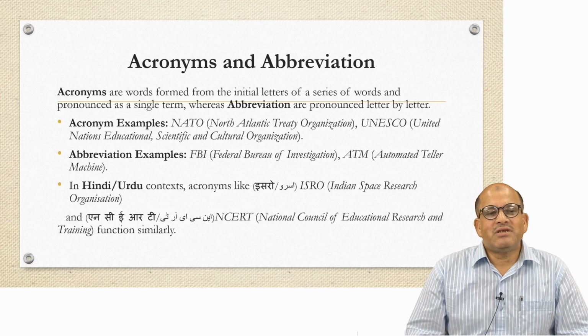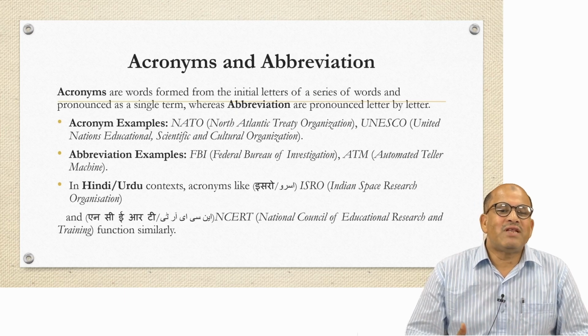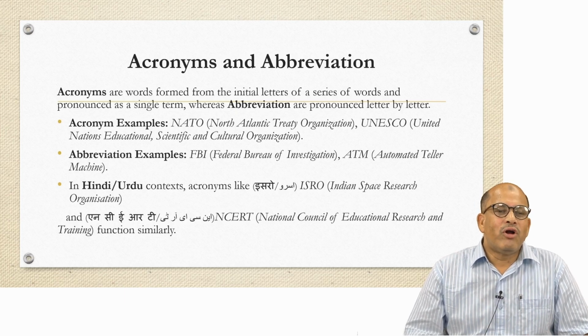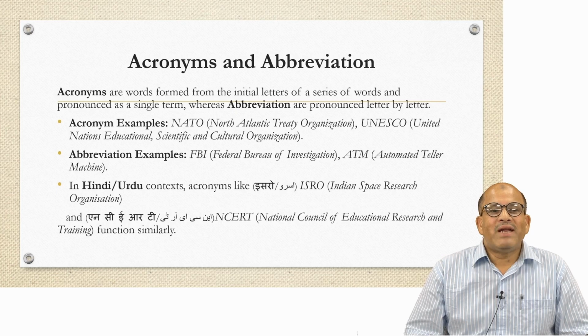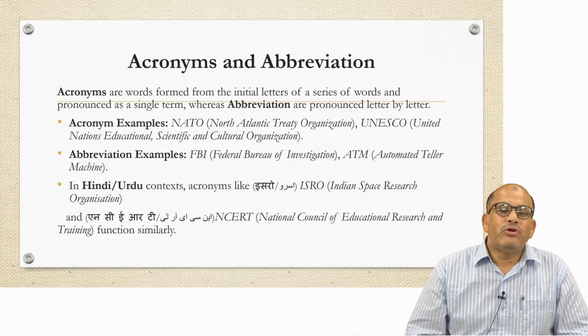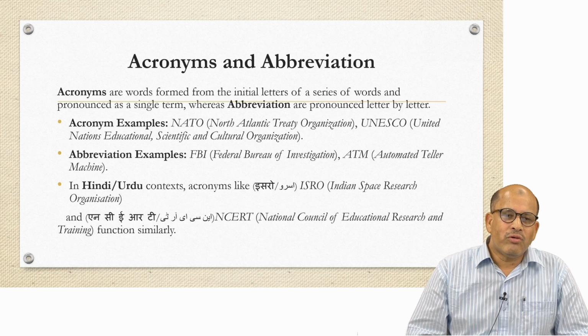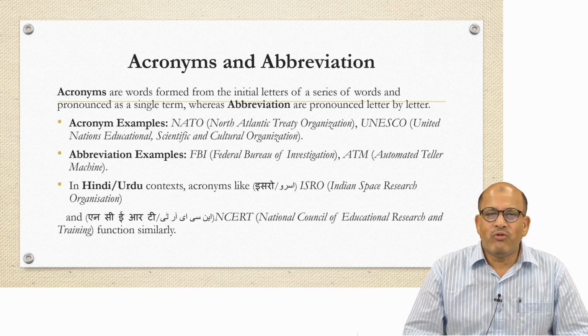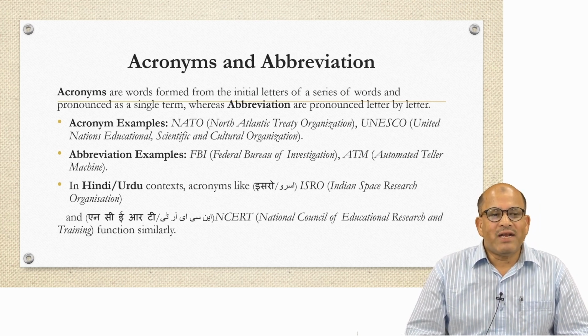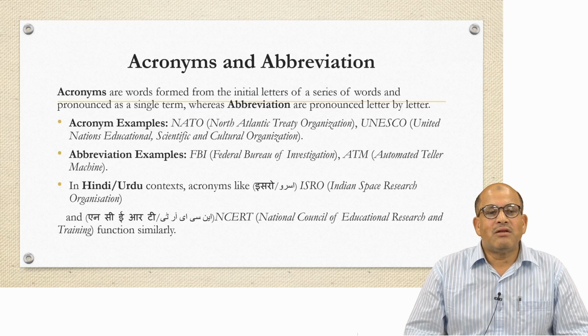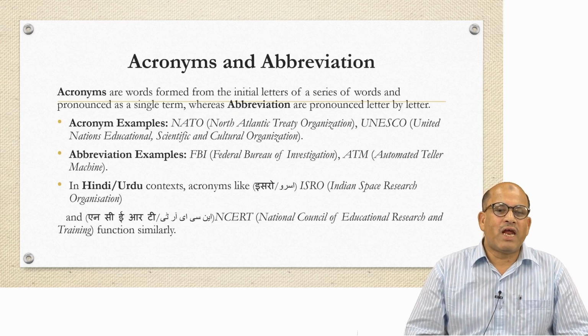Acronym examples are NATO, which we pronounce like a word, and which refers to North Atlantic Treaty Organization, and UNESCO, which we pronounce like a term, referring to United Nations Educational, Scientific, and Cultural Organization.